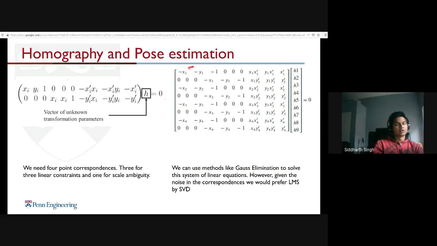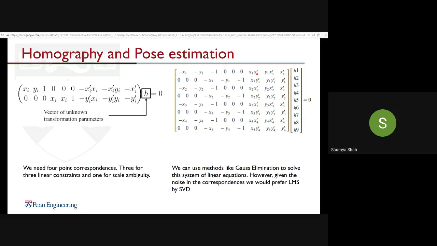What is fixed? Is the row number fixed, or is the column number fixed? What changes if I change the row number or the column number? Or how can we change the number of rows and columns? That can help with this noise. Take more correspondences, more rows.